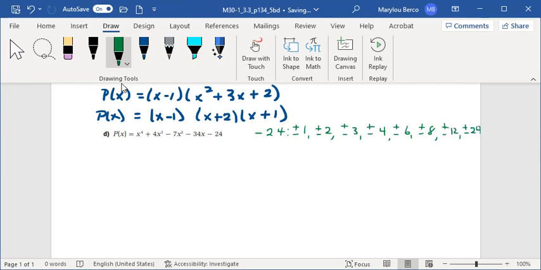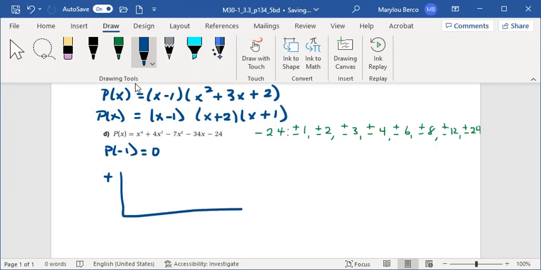So we test these values, and the first factor that we find is p of -1 equals 0, just substituting -1 in our polynomial.